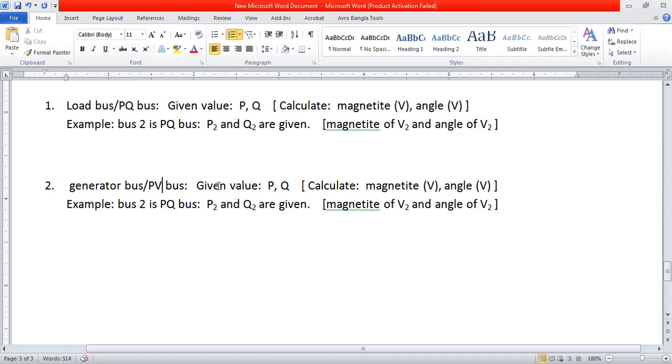So if PV bus, then our given values should be P and the magnitude of V. These are given, and we have to calculate the angle of V actually. So we have to calculate the voltage angle.